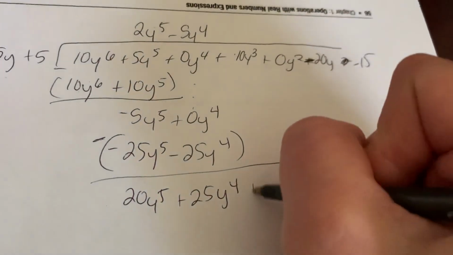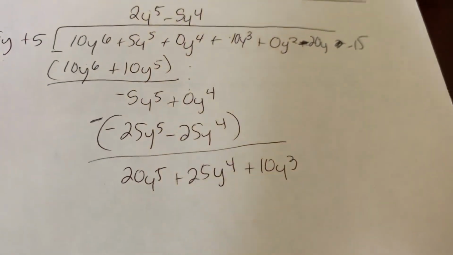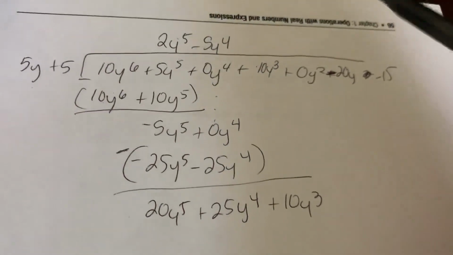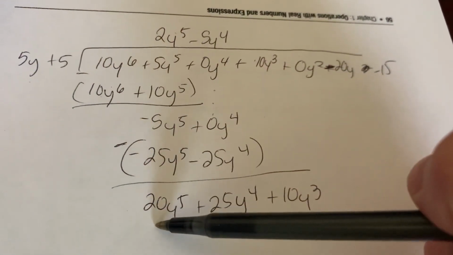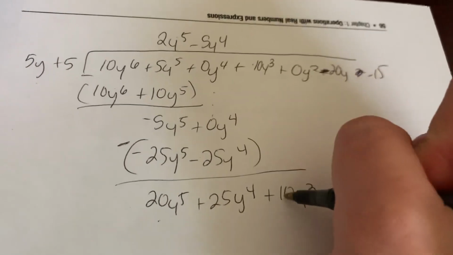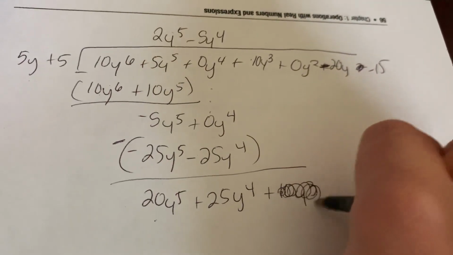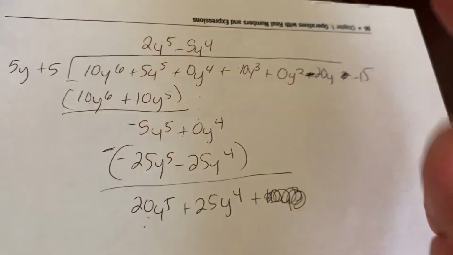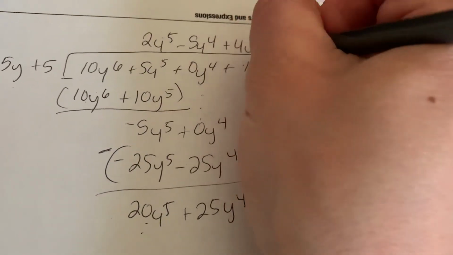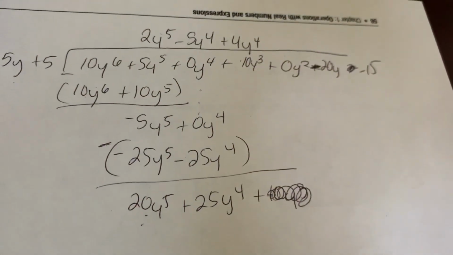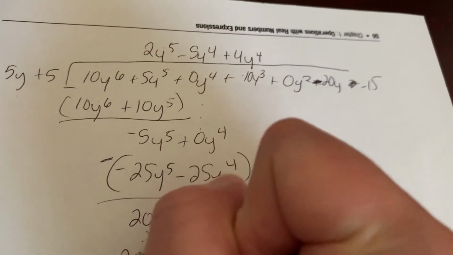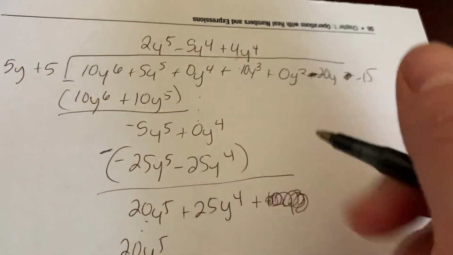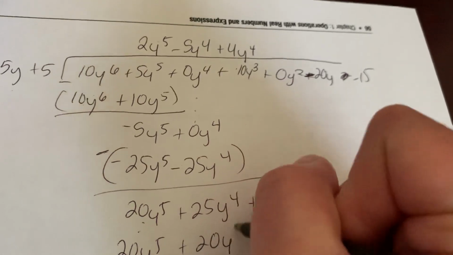Then you're going to bring down 10y to the 3rd. So this is going to be 4. Well, I guess you don't have to bring down the 3rd because we have two things there. This is going to be 4y to the 4th. So it's going to be 20y to the 5th plus 20y to the 4th.